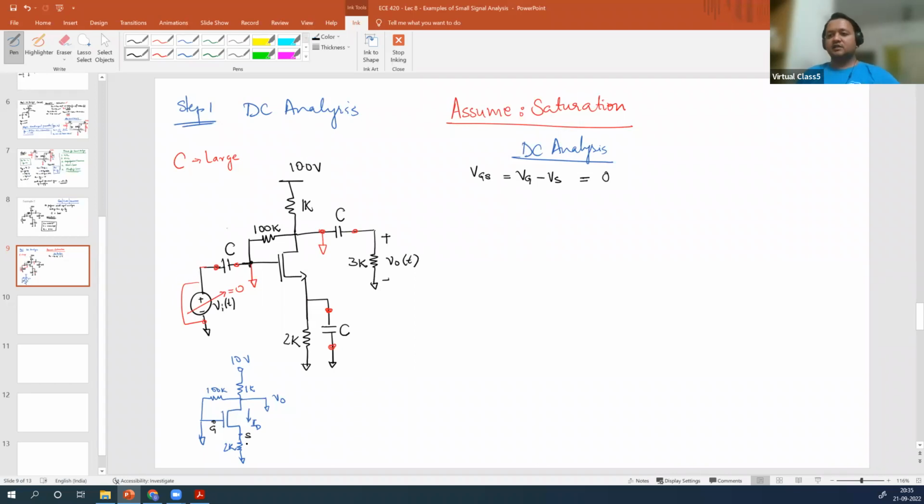VS is the drop across this resistor, minus ID times 2K. What is VDS? VD minus VS. VD is 10 volt minus 1K times ID. VS is 2K times ID.